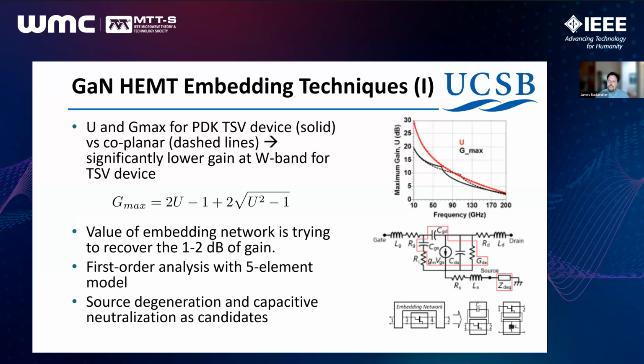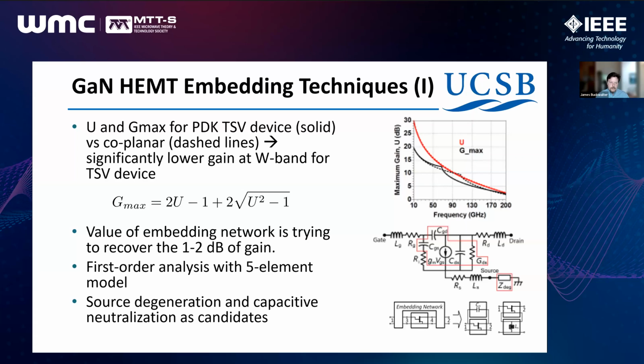The idea of gain boosting here is to basically push the Gmax of the device above U. There's essentially a few dB that we can get as we introduce feedback that might allow us to improve our gain in our amplifier.